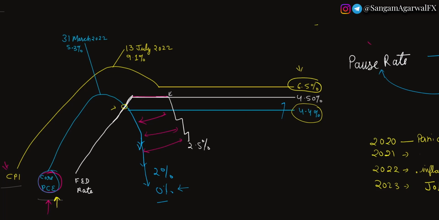And why is that job risk the most important thing? Because in 2024, next year, there will be an election.